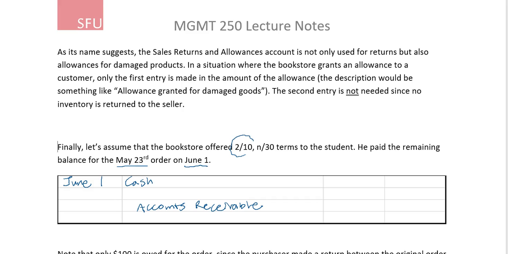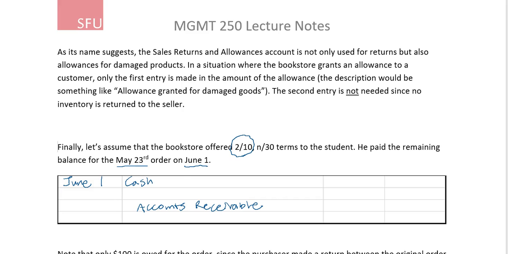We're also looking at the discount terms. We know that June 1st is within 10 days of May 23rd, so the student qualifies for a 2% discount.